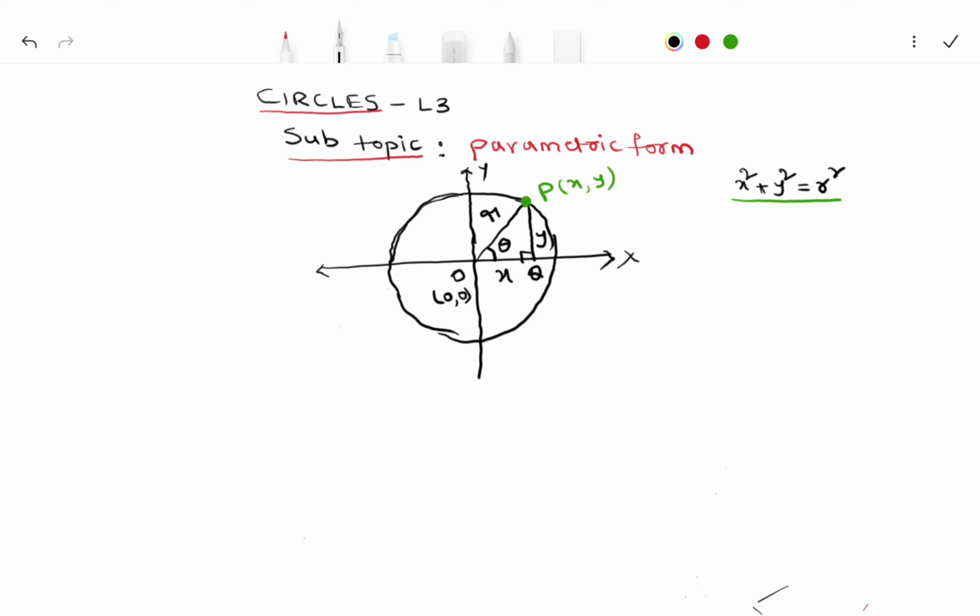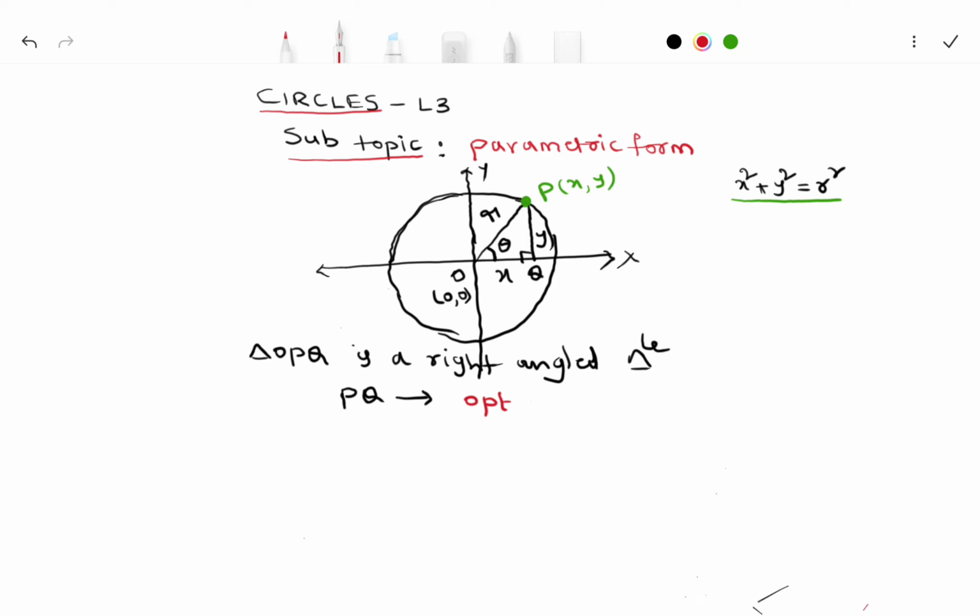Now very clearly the triangle OPQ is a right angled triangle. In a right angled triangle, from the diagram, PQ represents the opposite side.